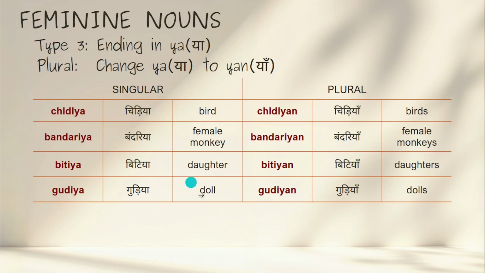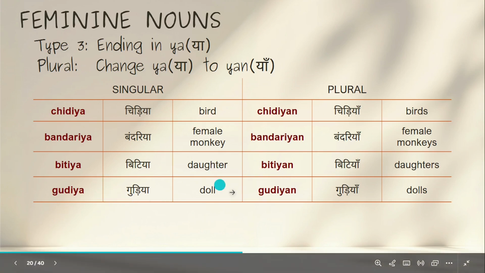Gudiya is a doll. Gudiya, gudiyan is dolls. So chidiya, chidiyan, bandariya, bandariyan, bitiya, bitiyan, gudiya, gudiyan. They're very similar, but there is an extra nasal sound at the end.